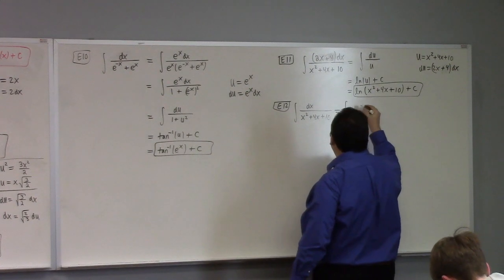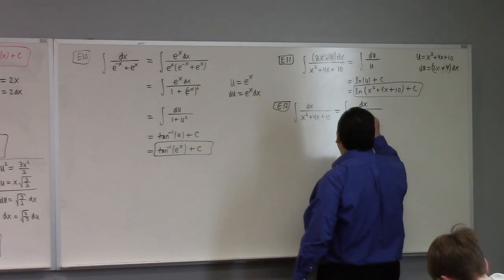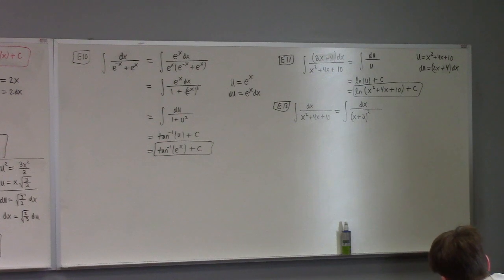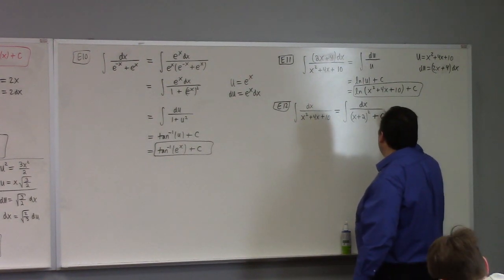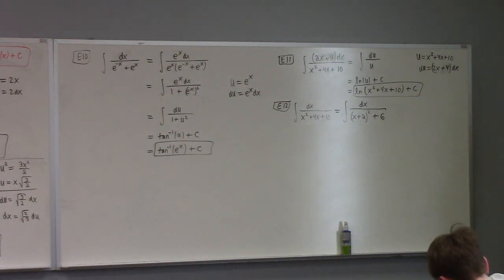So completing the square is how you do this. So x plus 2, quantity squared. I've added 4, right? So I only have 6 left. You can multiply that out, you'll get back to the original denominator.